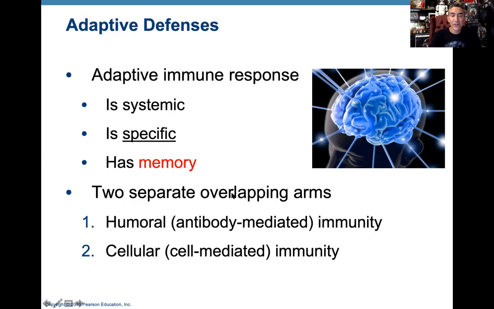And again, there's two separate but overlapping arms, the humoral, the antibody-mediated, and the cellular, the cell-mediated immunity. So two parts to this puzzle here, and two specific adapted defense mechanisms that have these qualities: systemic, specific, and memory.